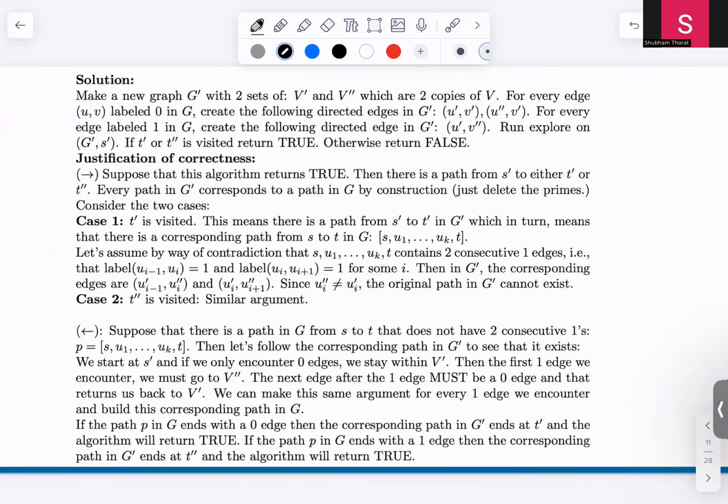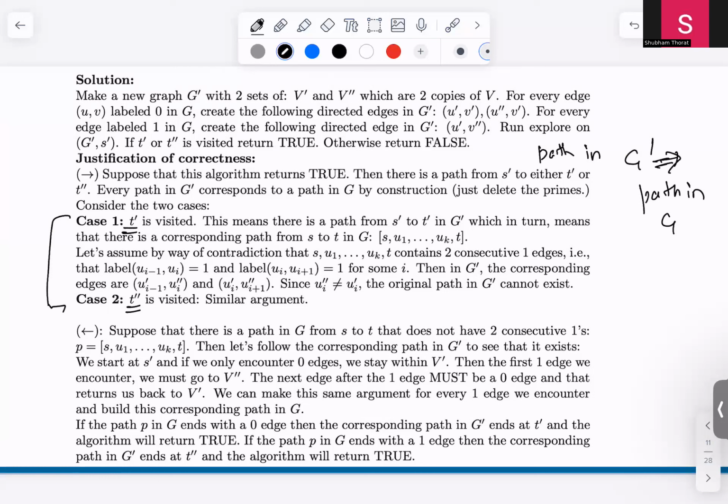Okay. So let's see how we'll prove this. In the forward direction, you assume that the algorithm returns true. And that means there is a path in graph G prime. And you want to show that this implies that there is a path in G as well. So we won't go into the exact details of this problem, but we know that we return true only when T prime is visited or T double prime is visited.